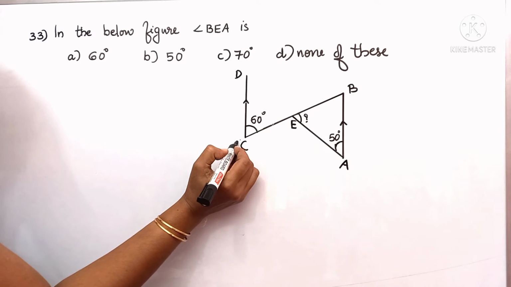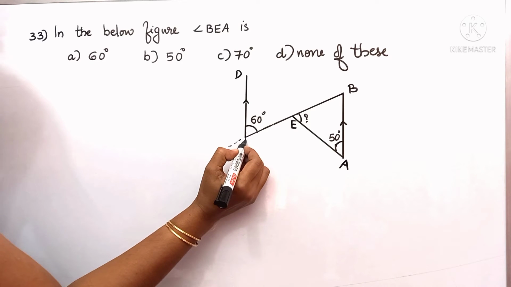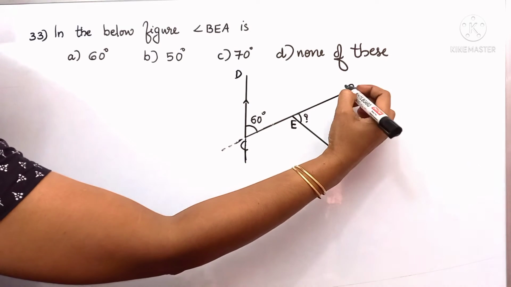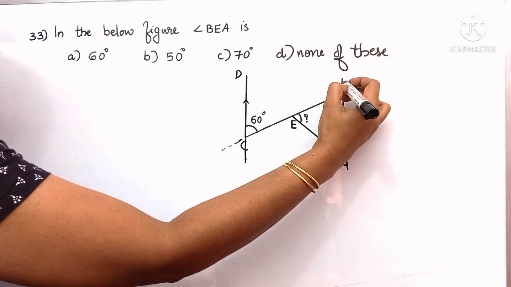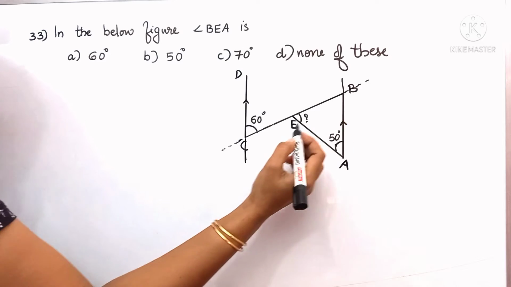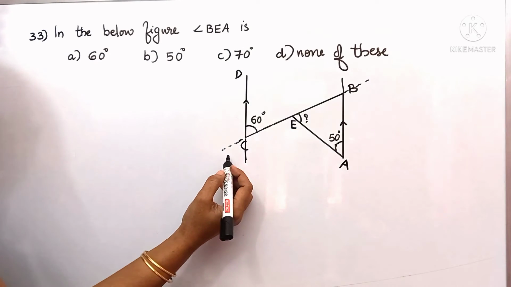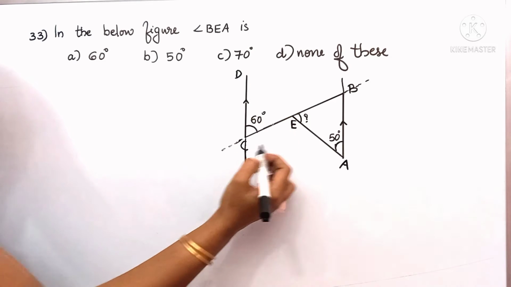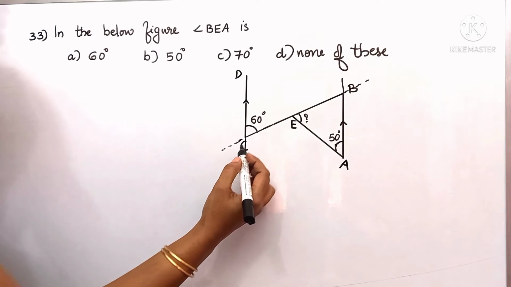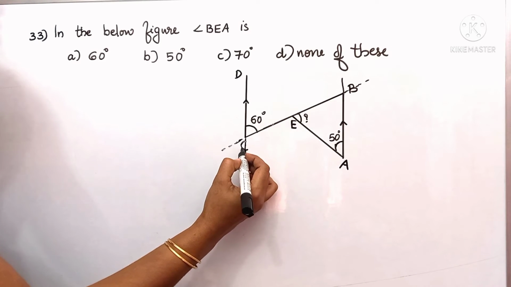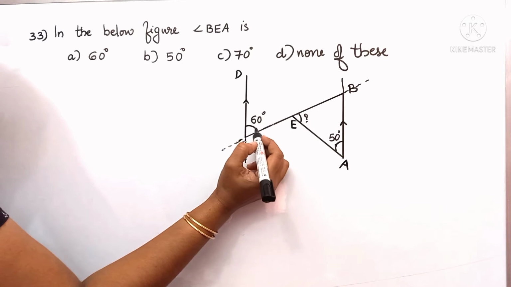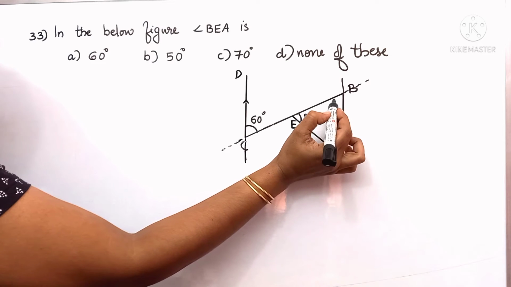Let us see if we extend these lines. This is the parallel line, we extend this, and here also if we extend this line, we can see BC is the transversal of these two parallel lines, DC and BA. And we know when parallel lines are cut by a transversal, the alternate interior angles so formed are equal.